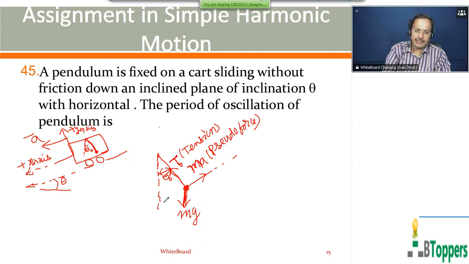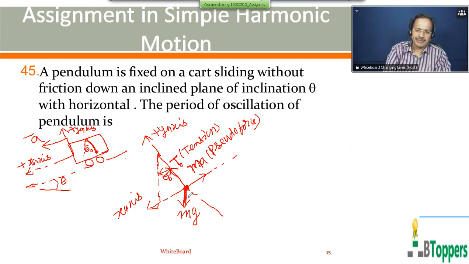So I choose the direction parallel to the inclined surface as the x-axis, and the direction perpendicular to the inclined surface as the y-axis. So the tension in the string acts along the y-axis. The pseudo force acts along the negative direction of the x-axis. The weight mg is inclined to both the x and y axes.